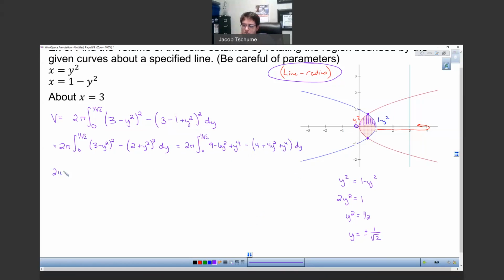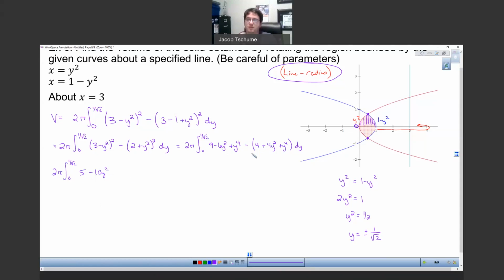So we're going to distribute this negative through and then put together what we can. This would be 2 pi times the integral from 0 to 1 over root 2. We're going term by term here. 9 minus this 4 will give me a 5. Negative 6y squared minus 4y squared would give me a negative 10y squared.